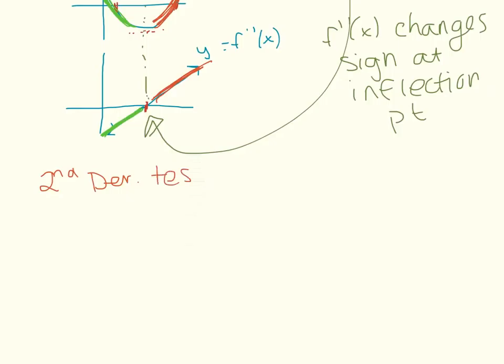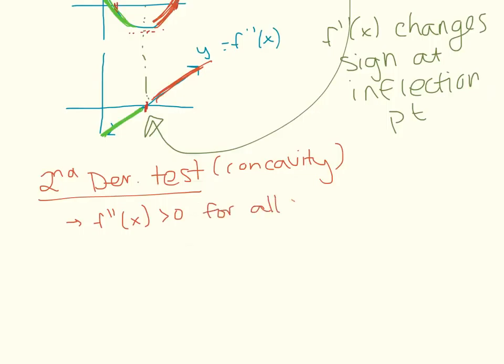Okay, so the second derivative test, and again, it tests for concavity. So we can say that you're going to end up in two situations, okay? If your second derivative of x is greater than 0, for every value of x in some interval, then your original function, f of x, is concave up in that same interval.